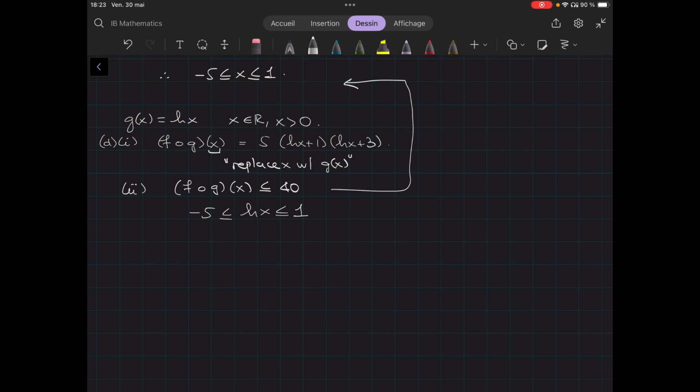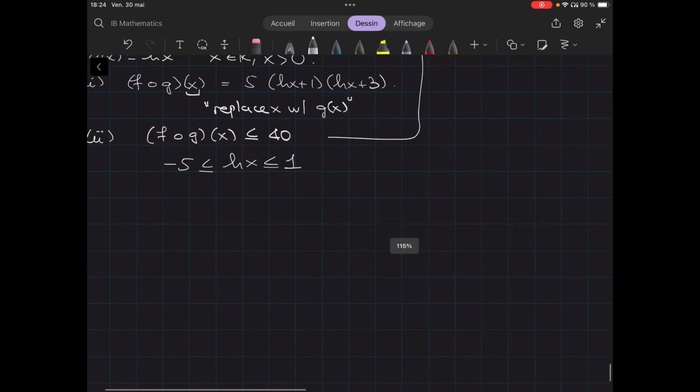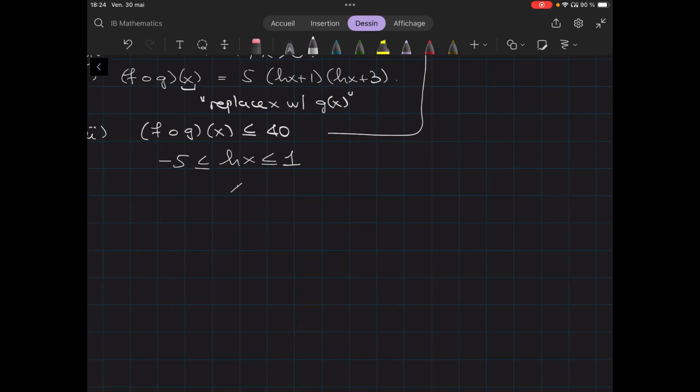Once again, you replace x with g of x, and in this case, g of x is equal to ln of x. To solve for x, we just got to raise both sides to the power e. And that is your final answer.